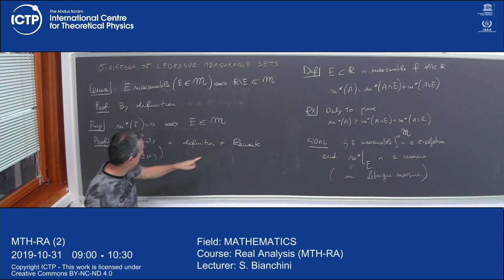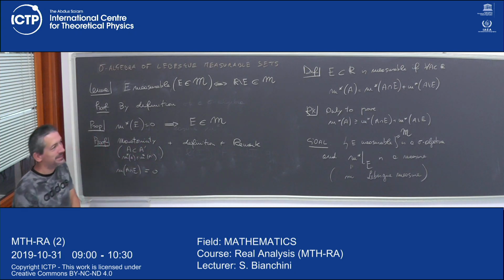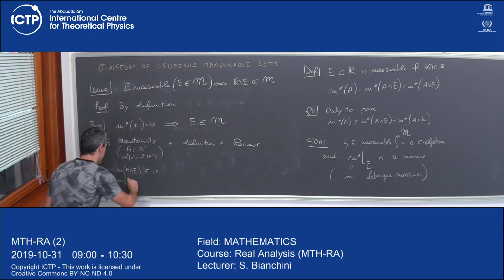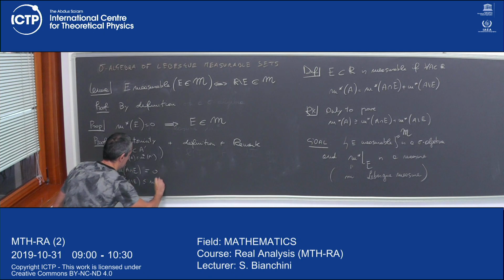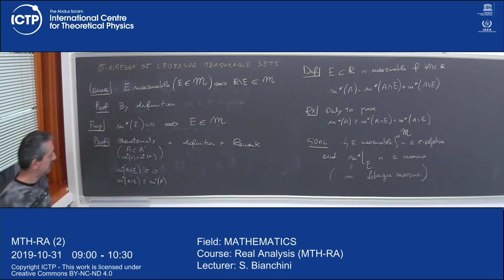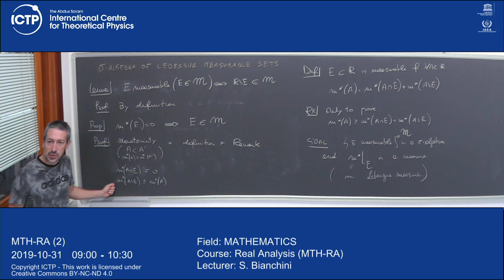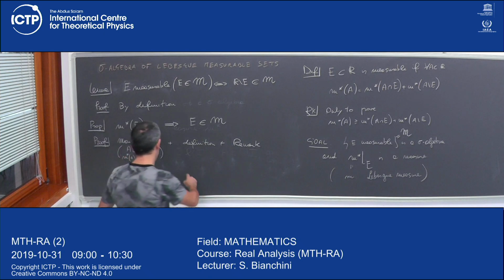So now let's use again the monotonicity. The measure of A minus E is less or equal to the ratio. We add the two. Okay, so we obtain that.